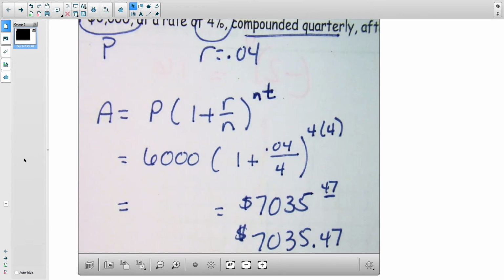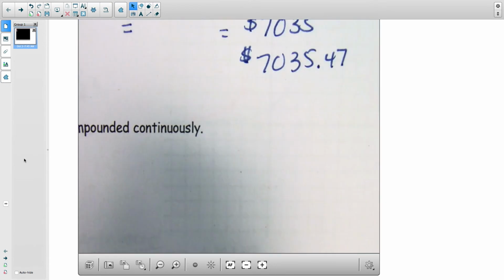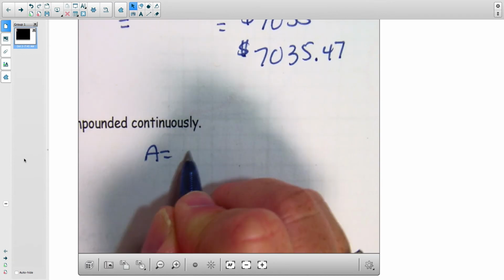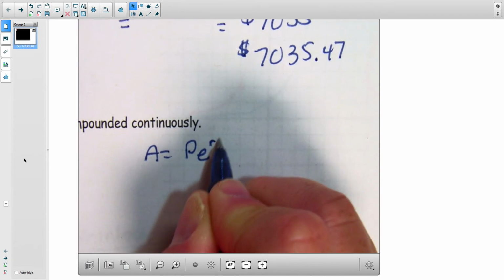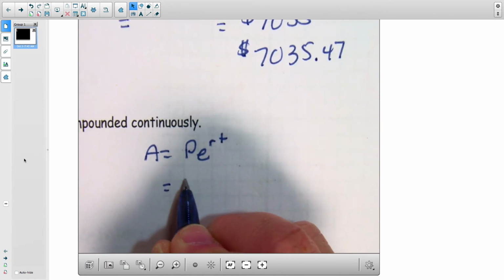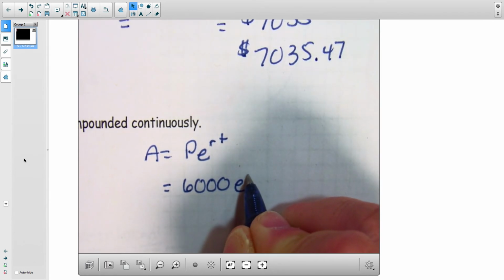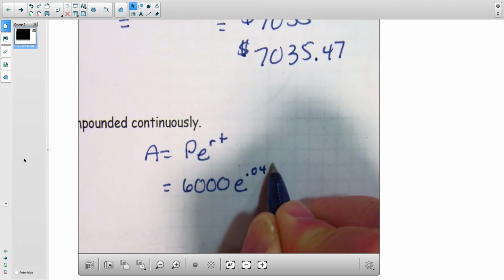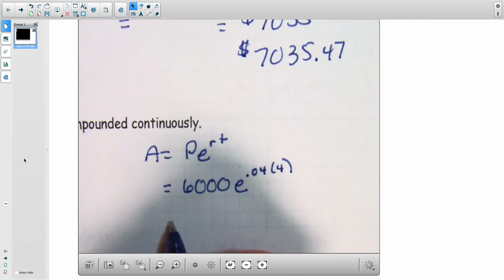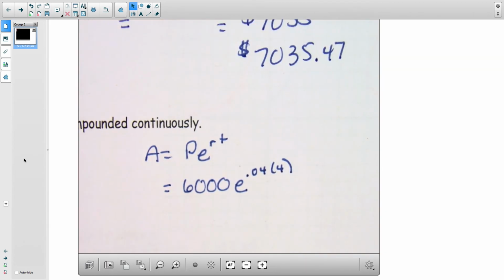And then for compounded continuously, A equals P E raised to the RT. So that's 6,000, E raised to the rate, 0.04 times 4. Where's the E button on your calculator? Secondary division.